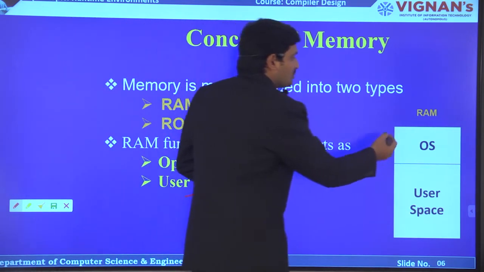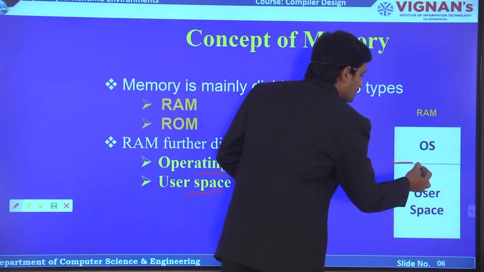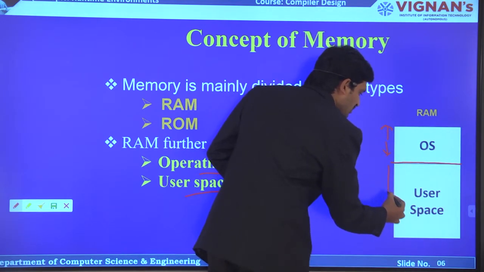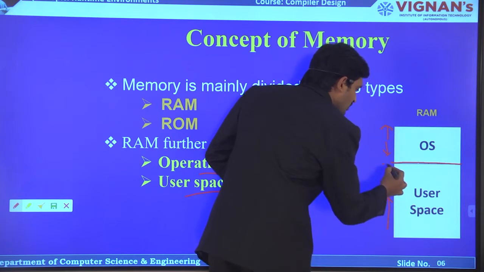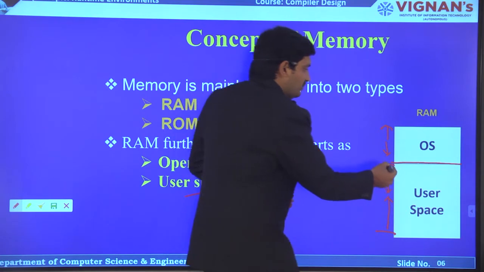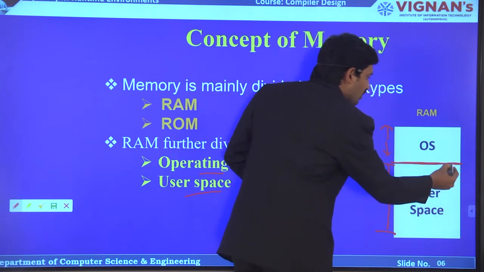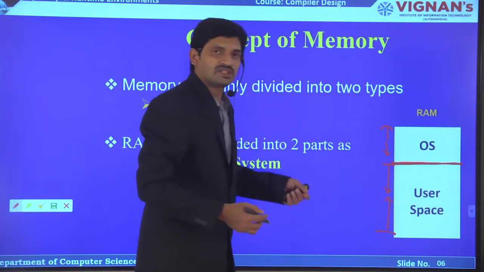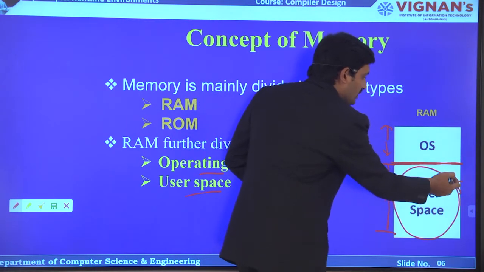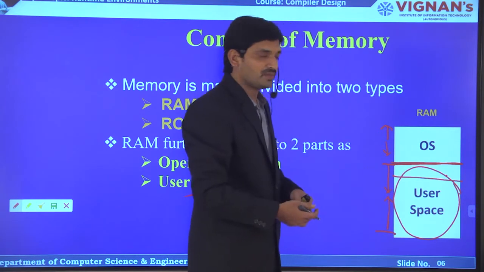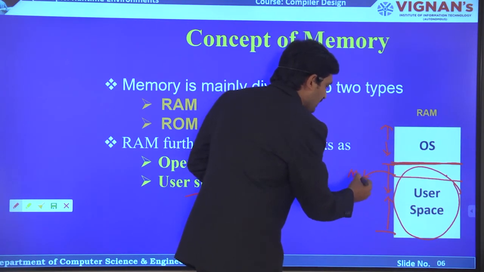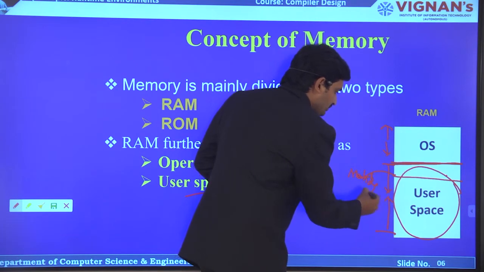This portion is for the operating system and this one is the user space. That means if we want to execute any program, it has to be loaded in this portion only. And this is the fence register, which divides the operating system and user space memory blocks. Okay. So if I want to allocate my program into this user space, I have to access it by using some memory addresses.